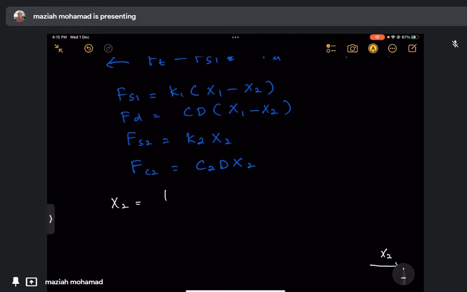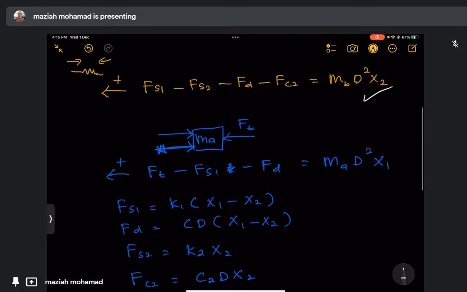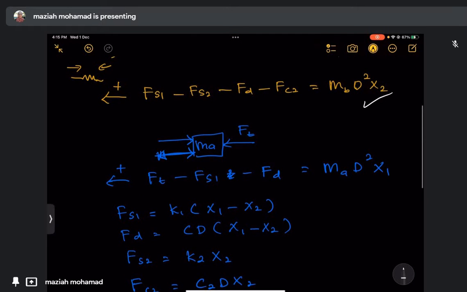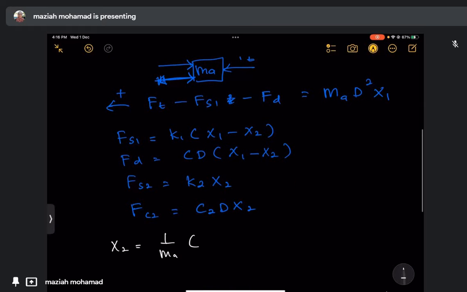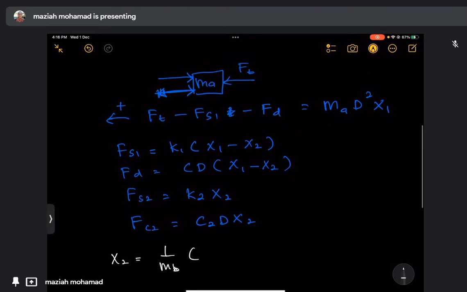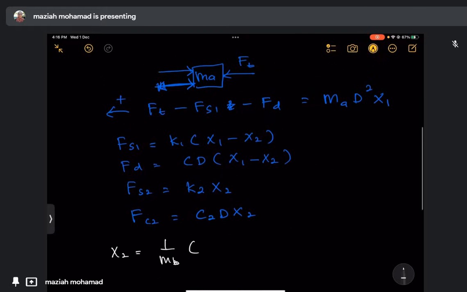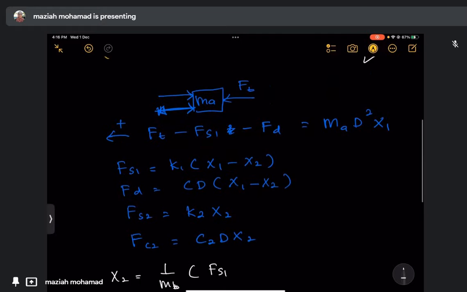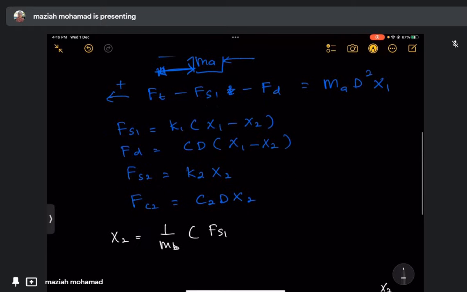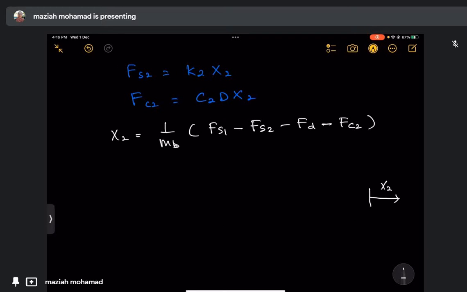X2 is equal to 1 over MB, atas tu, FS1 minus FS2 minus FD minus FC2.